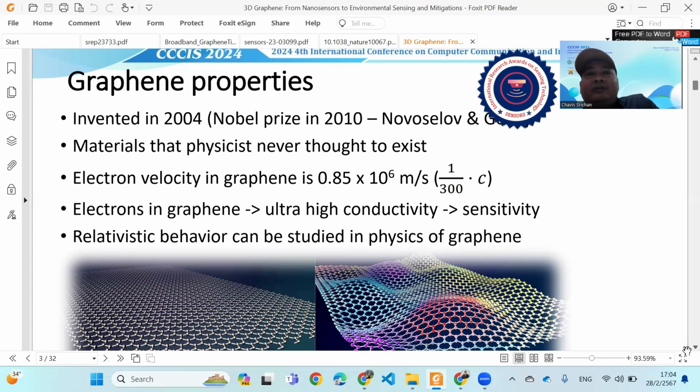The dispersion relation is called relativistic, and it also shows that there is no mass of the electron in graphene.